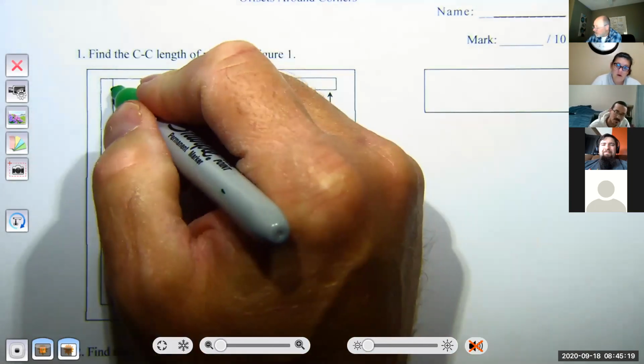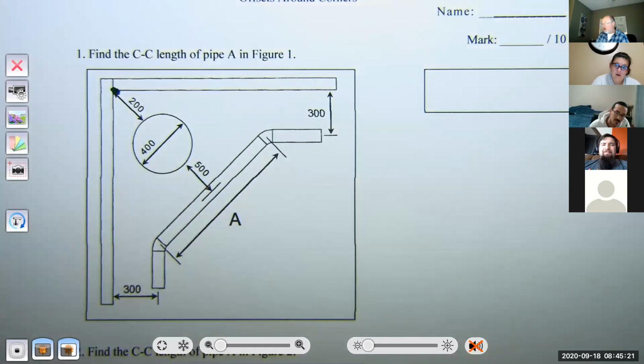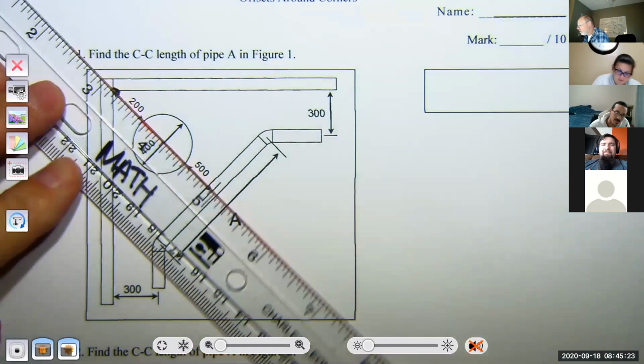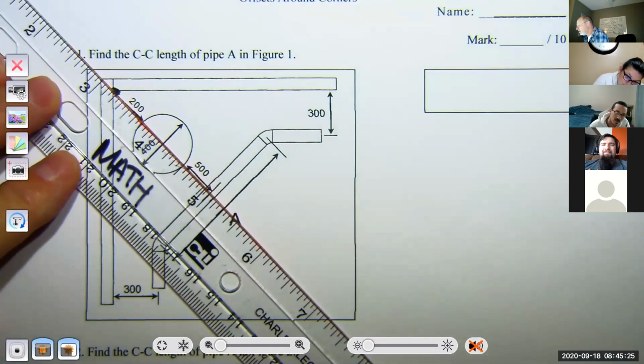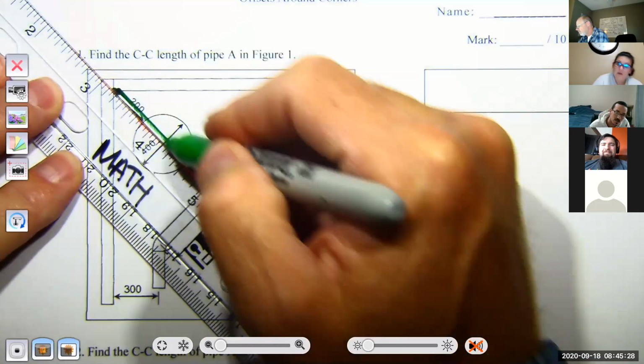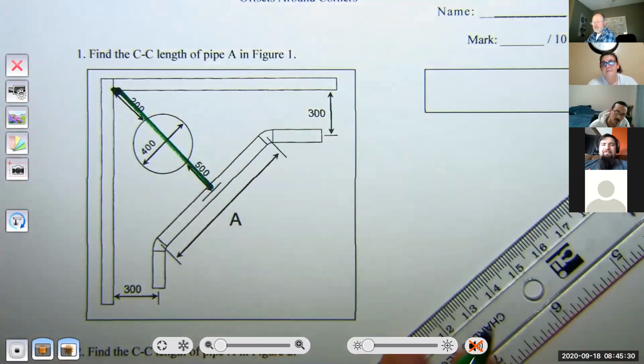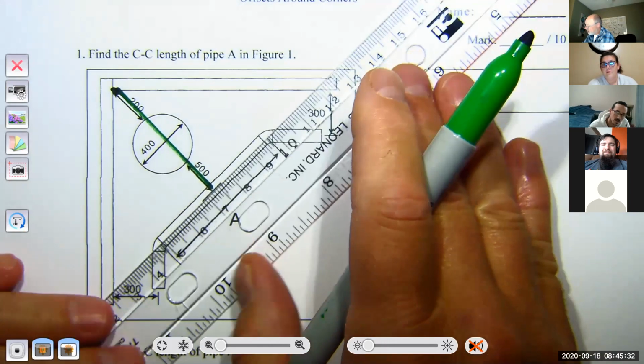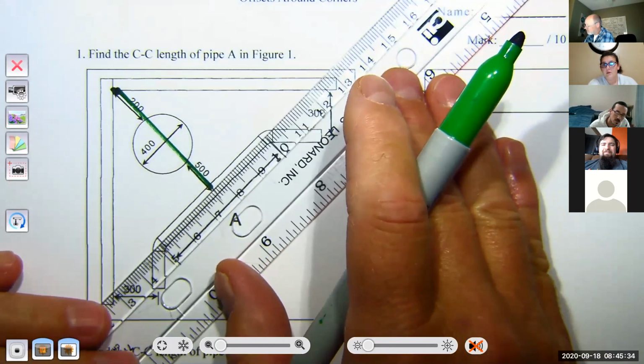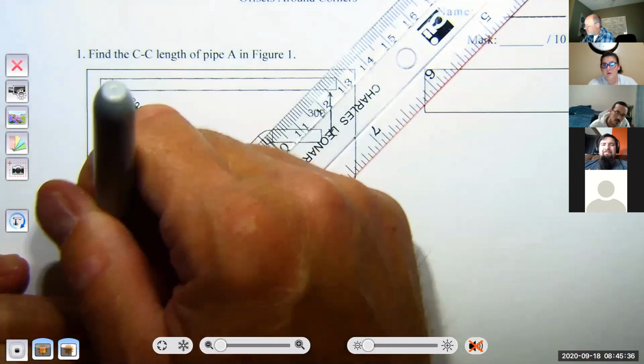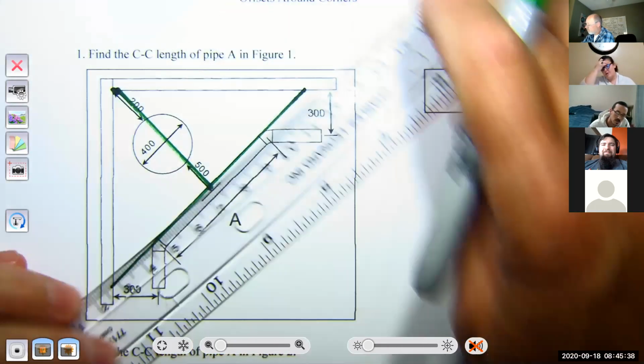So if you have a measurement from the corner, draw your triangle starting from the corner to the center line of the pipe. And we will make two large triangles here from wall to wall.